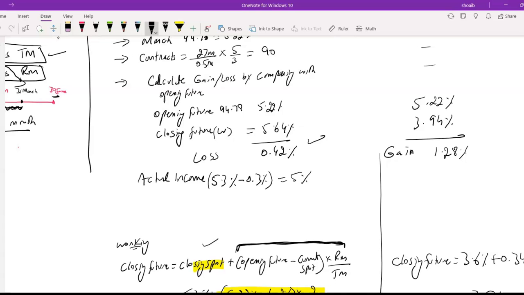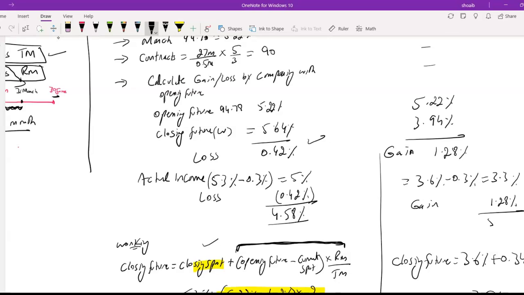5%. Loss. 4.5. 3.6. Effective rate. Right?